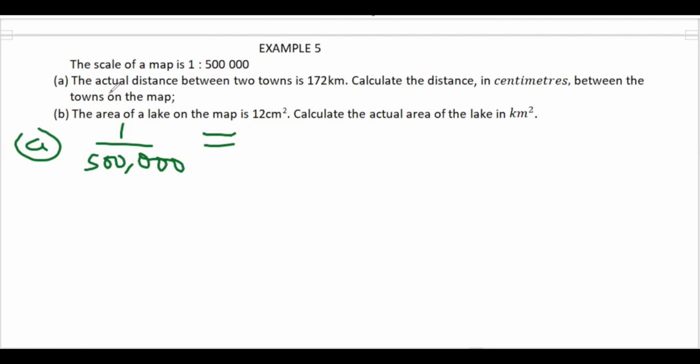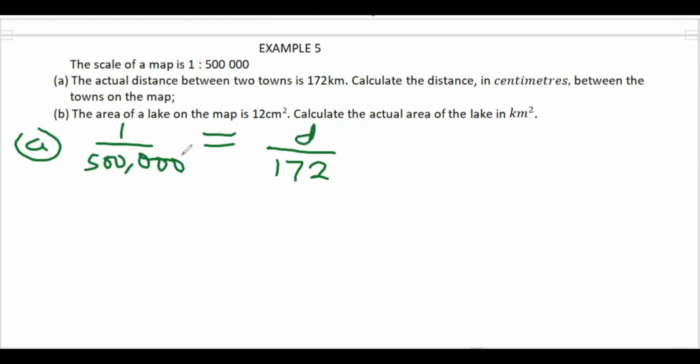Let's read. The actual distance between two towns is 172 kilometers. That's actual, so we have it as the denominator. Calculate the distance in centimeters between the two towns on the map. The one on the map is on top, so the distance D is what we have to find.